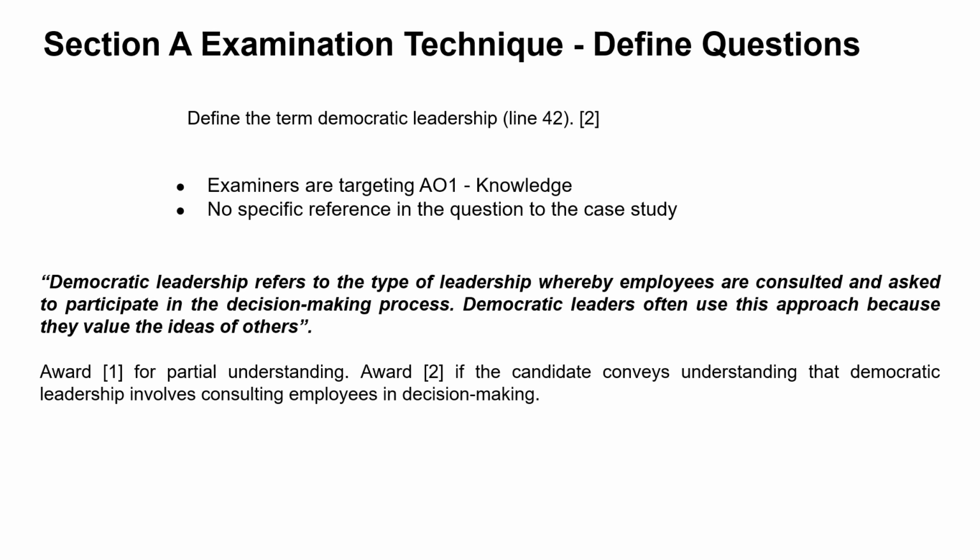Now, the simple marking, how are you going to score 2 out of 2? As it says there, basically, you score 2 if you fully understand what democratic leadership is. That only requires 2 sentences. You do not have to perfectly recite that answer, but think 2 sentences, and look at the way they've developed those 2 sentences.